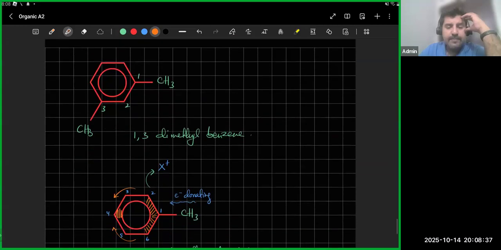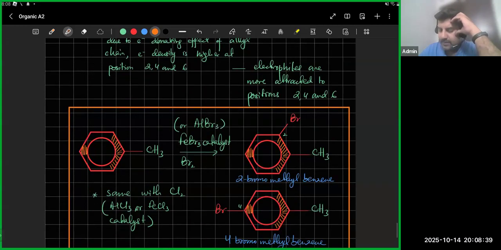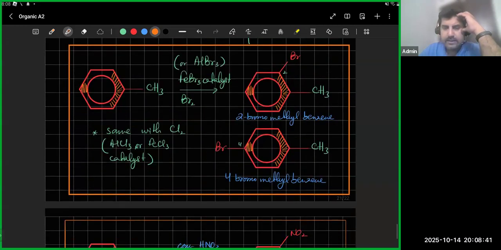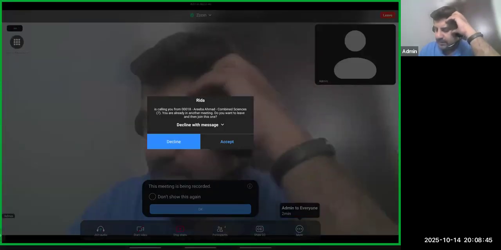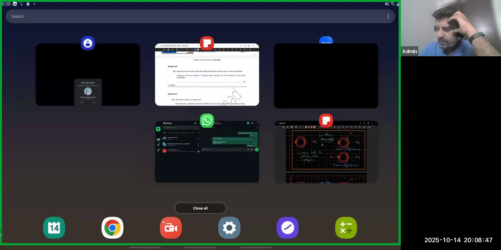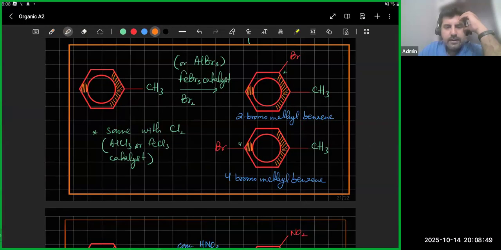Then we did, so that one was done, and I told you that if you do bromination, it's going to be exactly the same conditions.